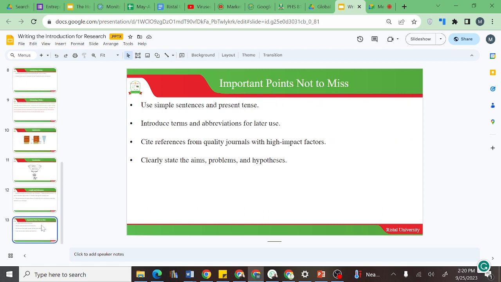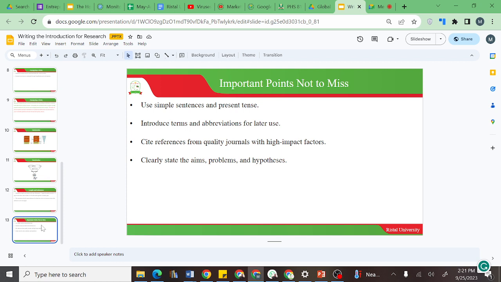So key things that you need to know: use simple sentences, don't complicate work. If you're going to use abbreviations, for the first time, put them in brackets, and then you can use them later. Make sure that you reference. Your references should not be too old.